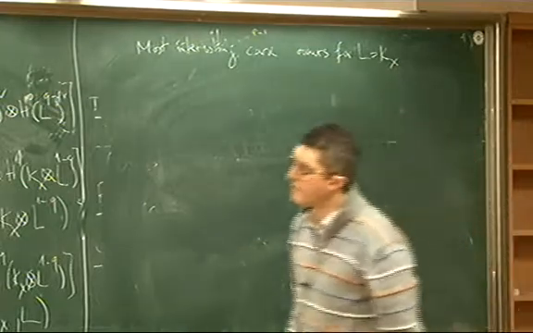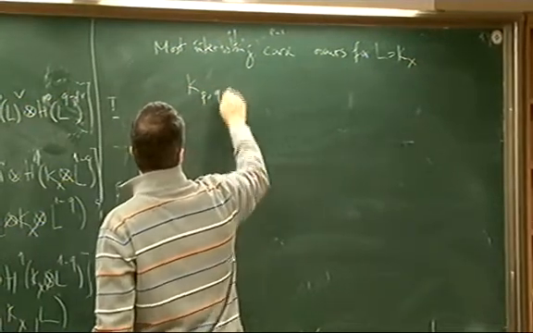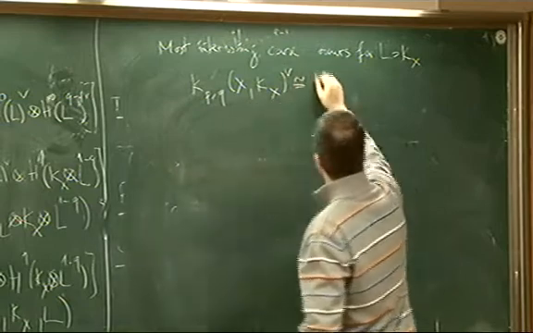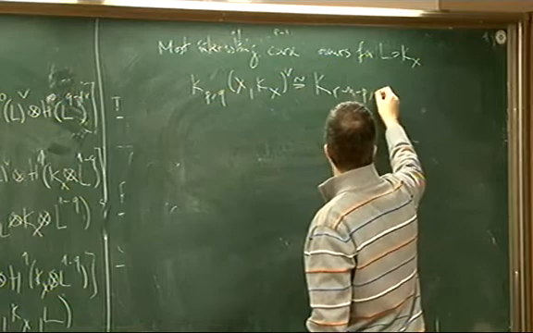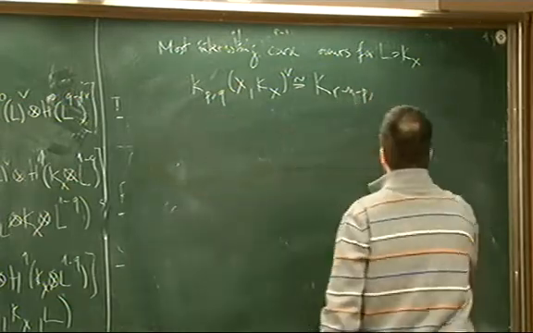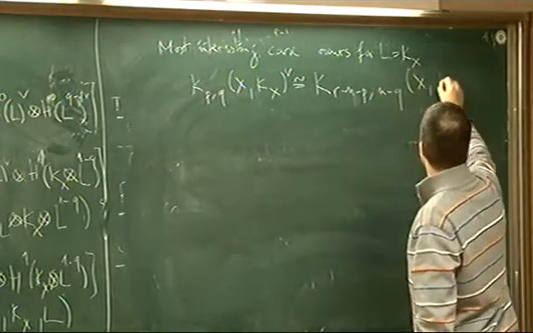Then we will have K_{p,q}(X, K_X) dual isomorphic to K_{r-n-p, n-q}(X, K_X).